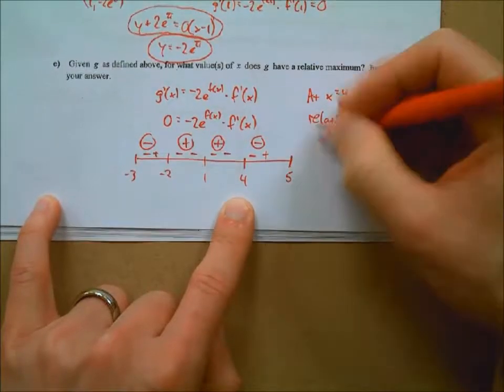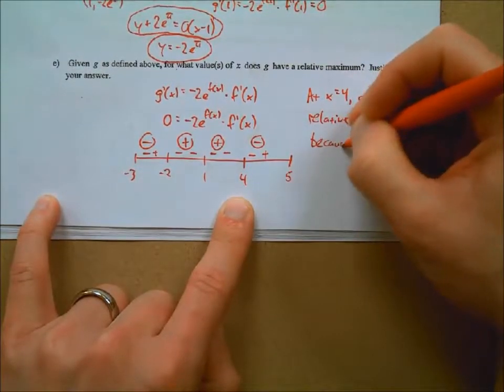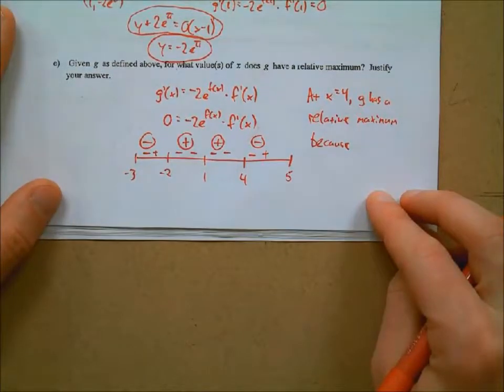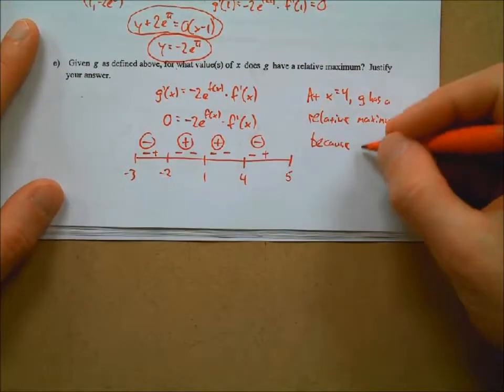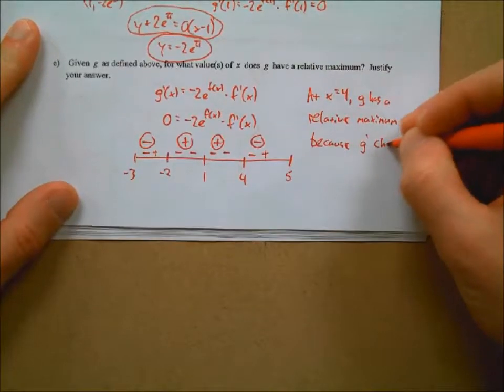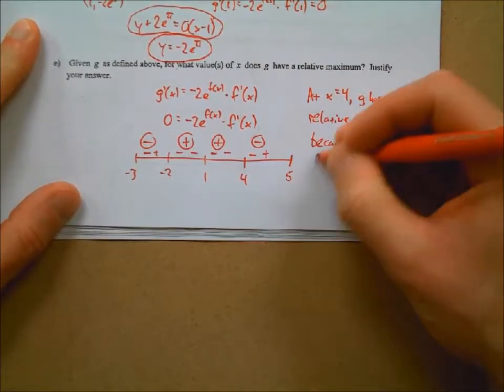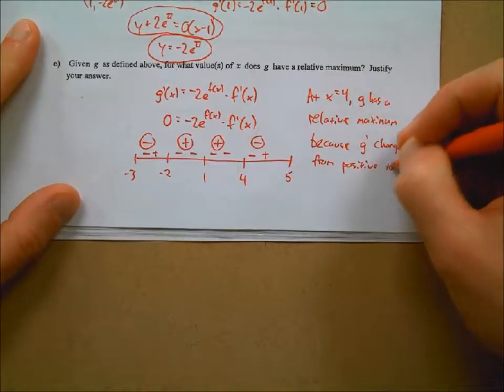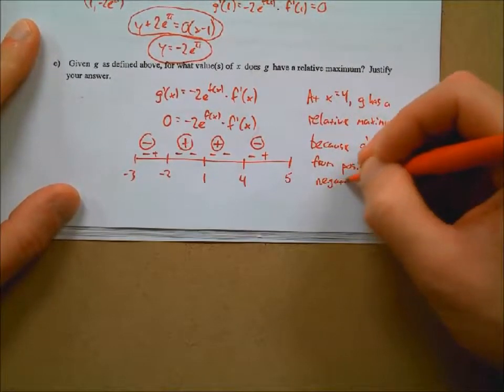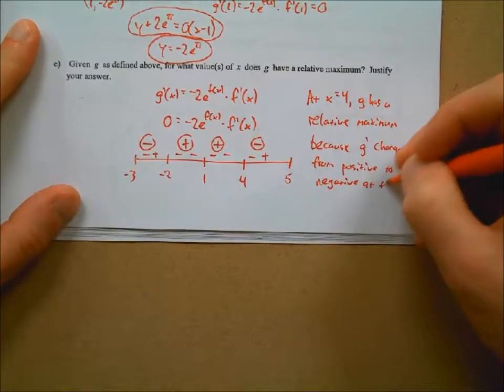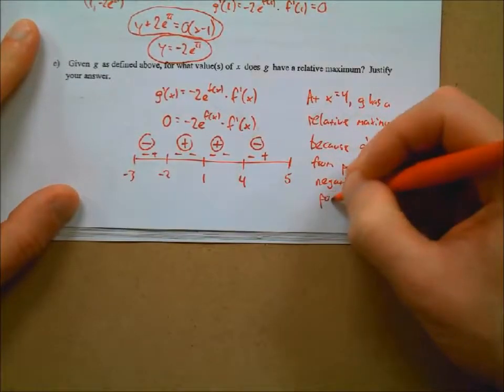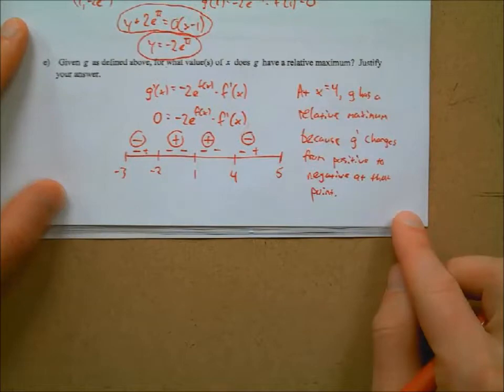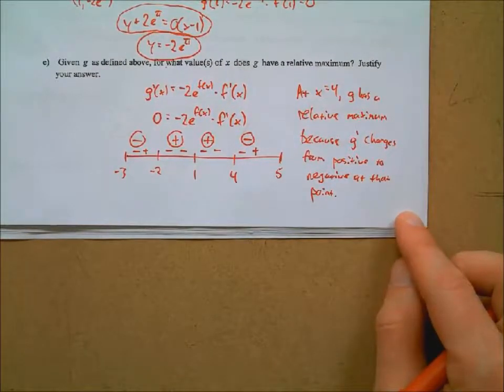Okay, because, why? G prime changes from positive to negative at that point. So there it is.